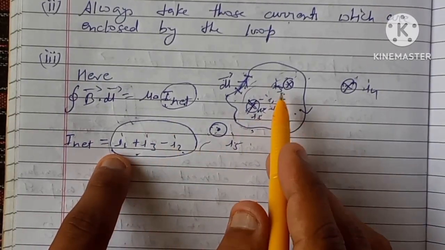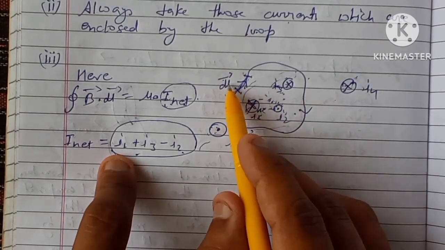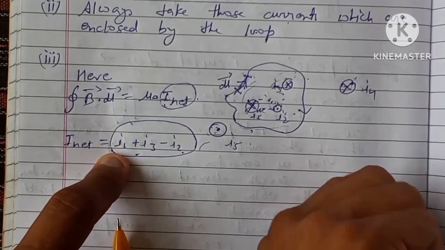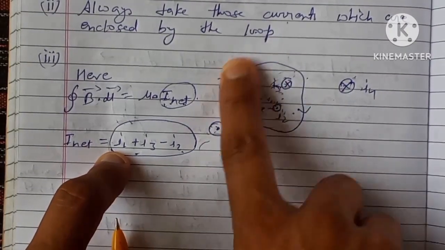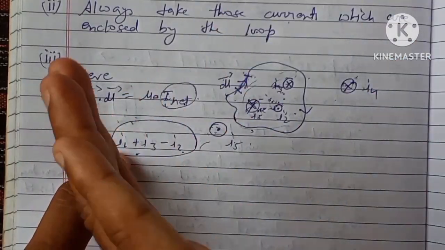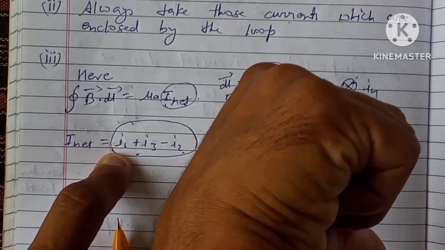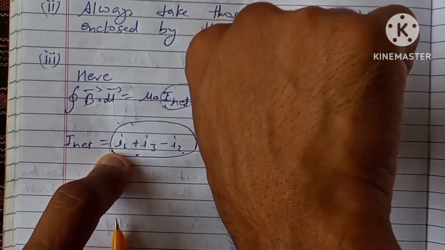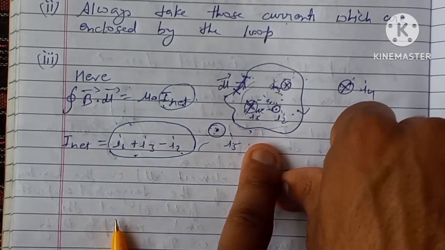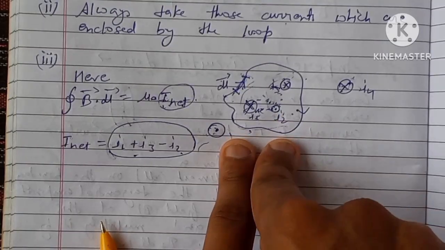Now this sign convention is very important. If you have chosen your dl vector in the clockwise direction, then you curl your fingers in the direction of the dl vector. The dl vector is in the clockwise direction, so your thumb is going into the page. So the currents which are going into the page will be considered positive.